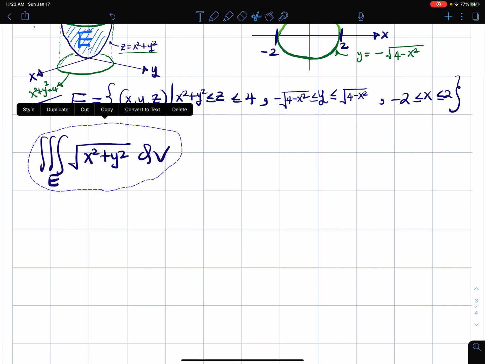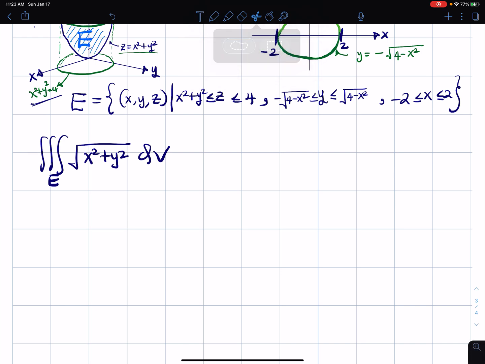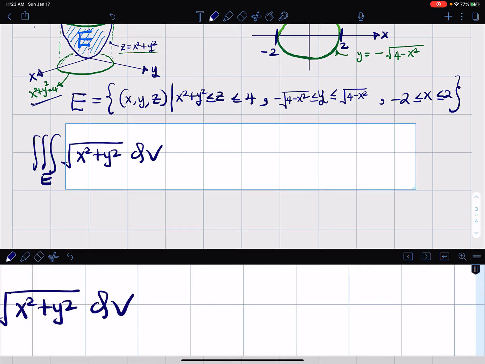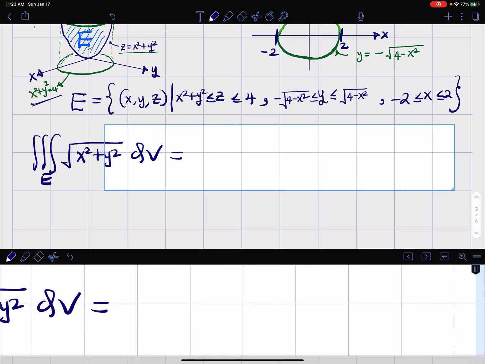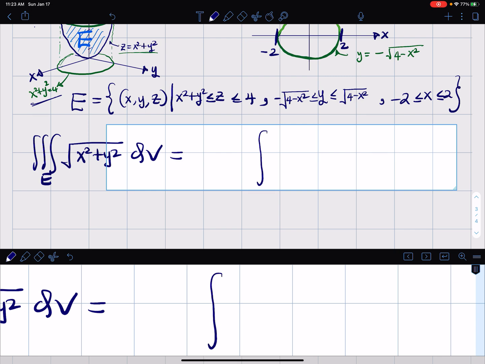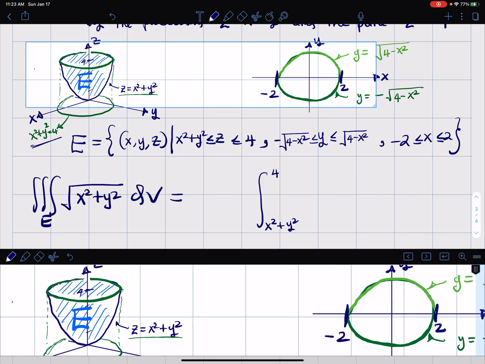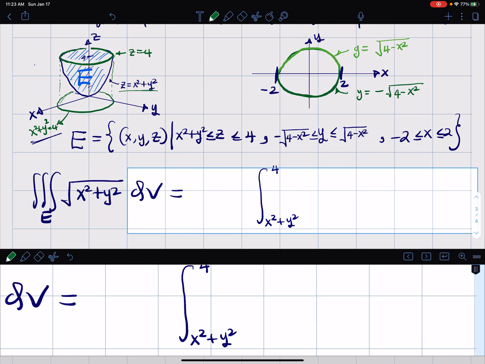This integral can be fully explained now as z goes from x squared plus y squared to 4. You agree with me? This is z equals x squared plus y squared, and that is z equals 4. Our integrand is x squared plus y squared.